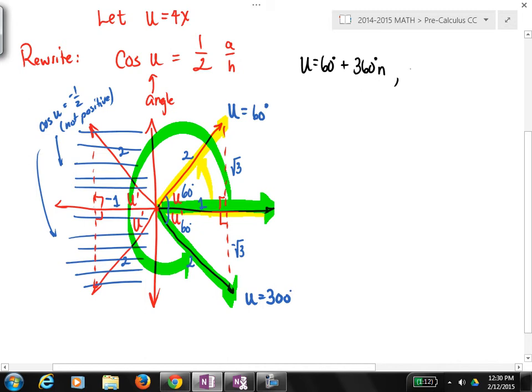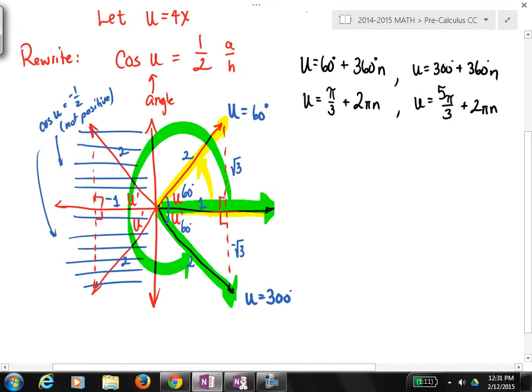The only thing also is now I have to say u is equal to 300 degrees plus 360n. Let's go ahead and convert these to radians. What's 60 in radians? Pi over 3 plus 2 pi n. And u is equal to 5 of these pi over 3's, or 60, 300 divided by 60 is 5, so 5 of the pi over 3's plus the 2 pi n.